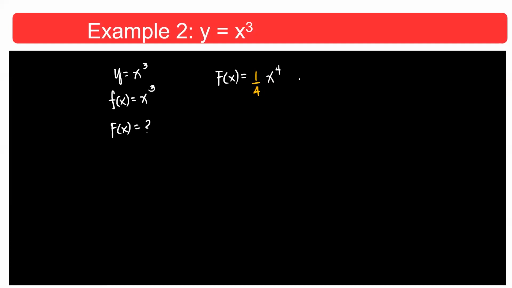But as I said, in order for us to represent the family of antiderivatives, what should I have? Plus C. Very good. Plus C. So I can say here that F of x is simply x to the 4 over 4 plus c.